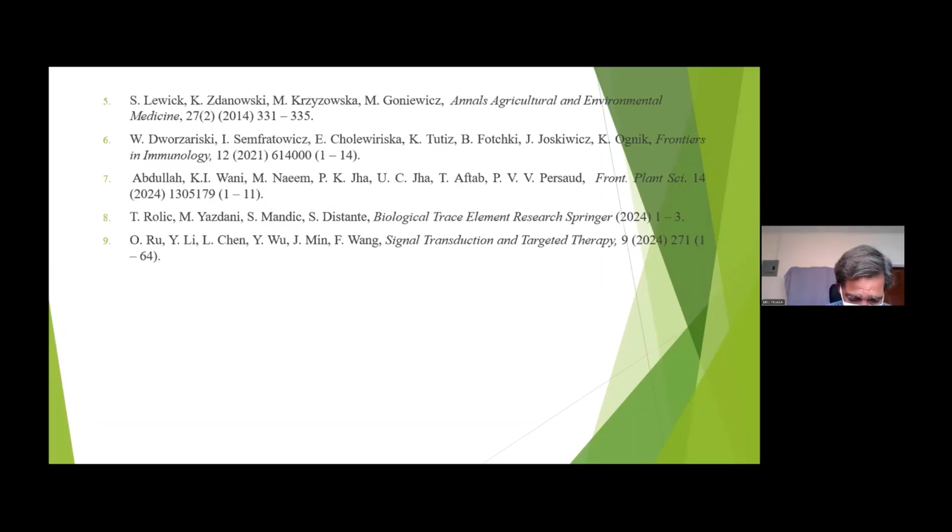Livik et al., Annals of Agricultural and Environmental Medicine 2014. 6, Karajiski, Frontiers in Immunology 2021. Number 7, Abdullah et al., Frontiers in Plant Science 2024. Number 8, Rolik et al., Biological Trace Element Research, Springer 2024. Number 9, Lu et al., Signal Transduction and Targeted Therapy 2024.